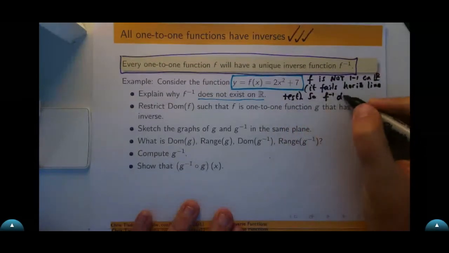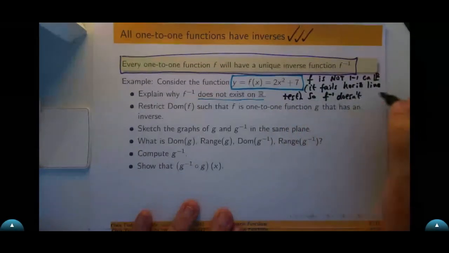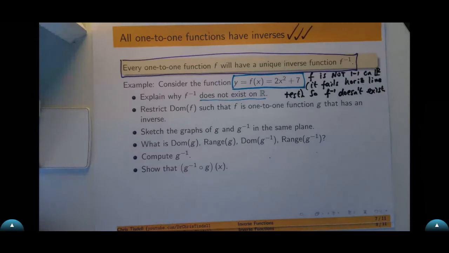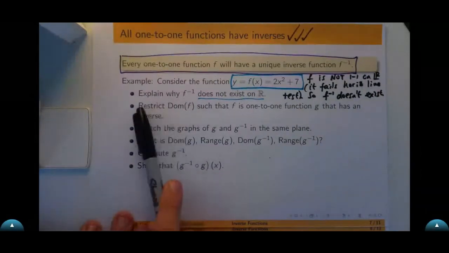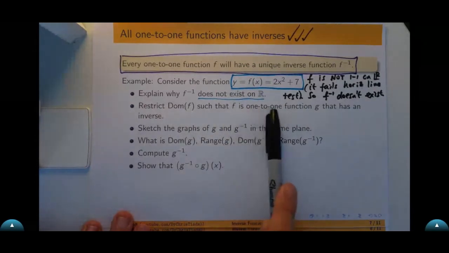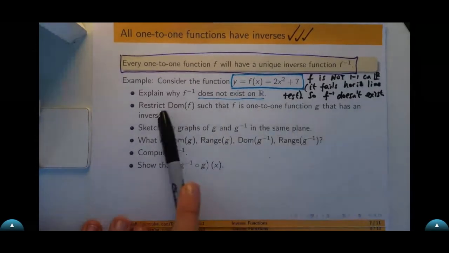So f inverse doesn't exist. Okay? So now they want us to go a little bit further and say, restrict the domain of this function such that f is a one-to-one function g that does have an inverse.